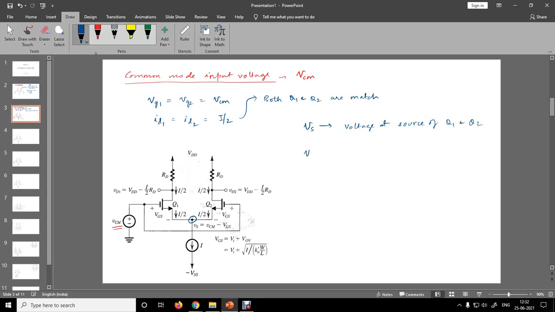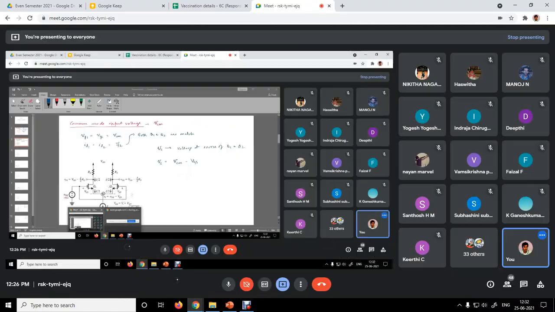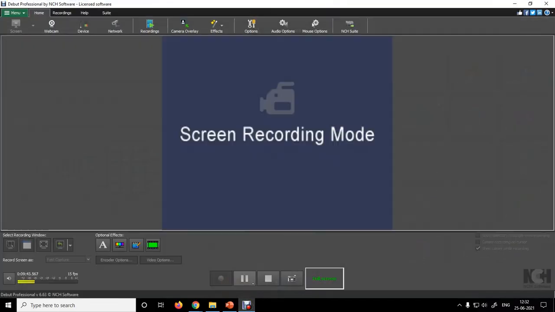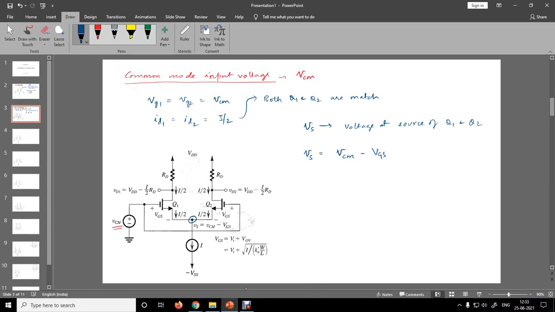This Vs is VCM minus VGS. So the voltage at source is VCM minus VGS, and VGS will be the same for both Q1 and Q2. Why? Because the currents flowing are also the same.